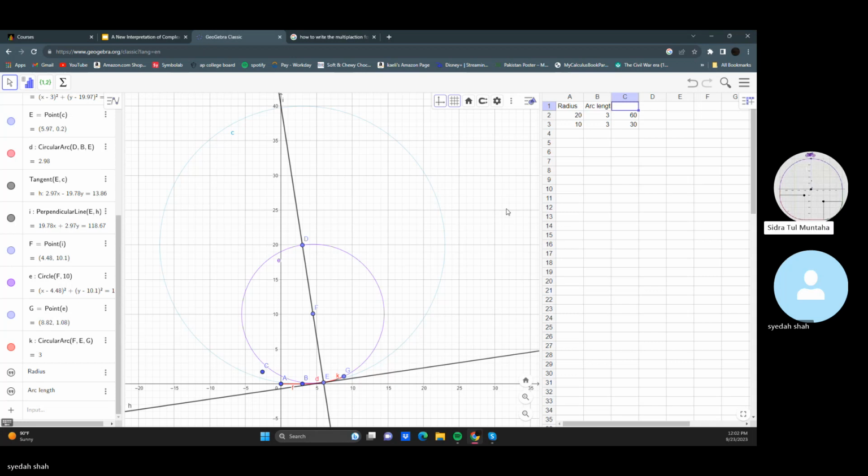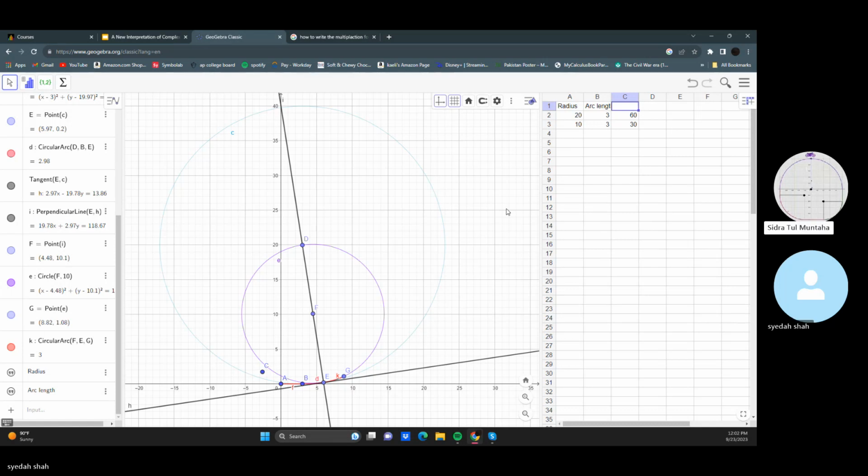For the first, the 20 centimeter circle, it was 3, and then you add the previous arc length and it becomes 6. Now when you need to draw another radius, the total arc length would be 6 between these two, but if we added another one, it would be 9.